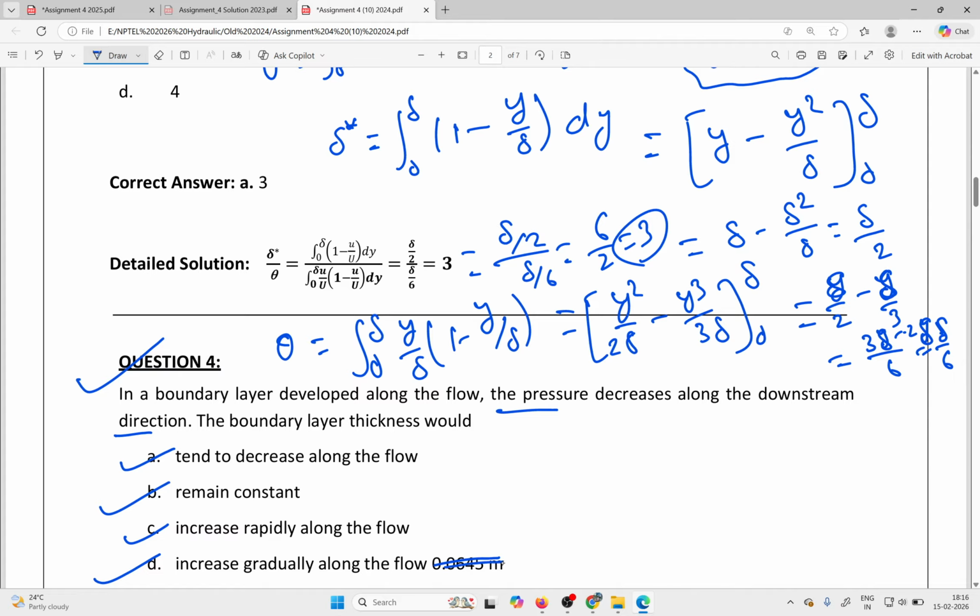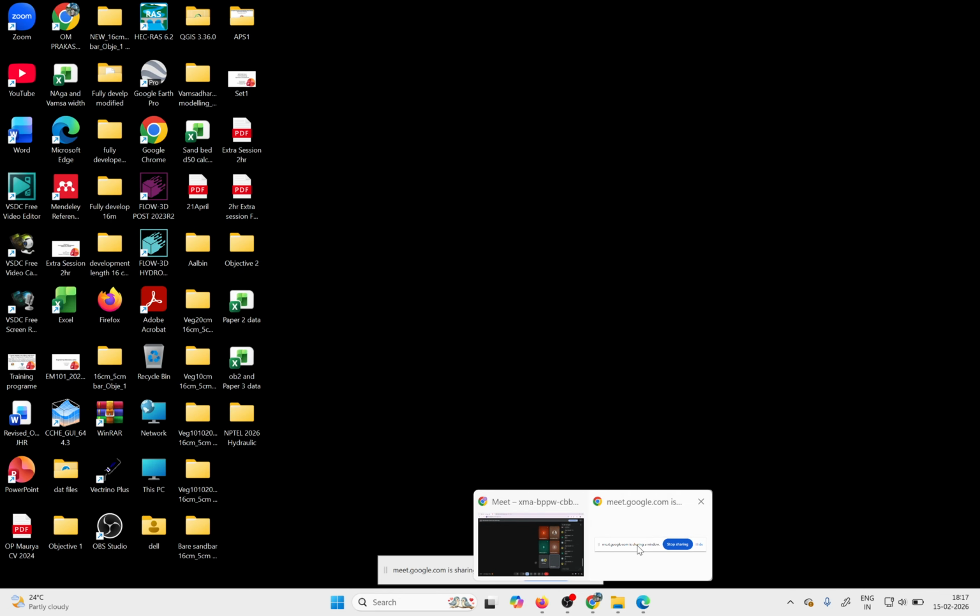Okay, here I think there is a mistake in the options, so you have to write the correct answer. For question number 4, your pressure decreases along the downstream. So what will happen? So pressure is decreasing. Try to write your answer please.